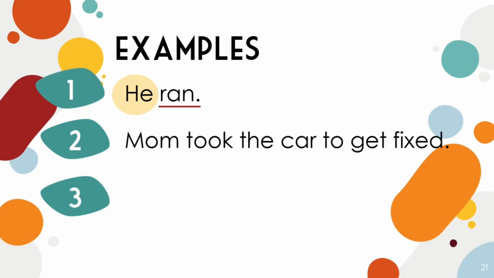Second example: Mom took the car to get fixed. In this example, we have the subject mom and the verb took. Mom took the car to get fixed. It is a complete thought. So this is an example of a main clause.